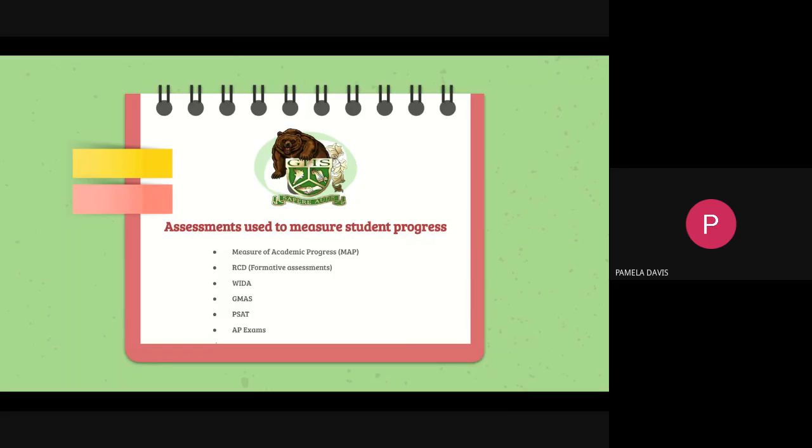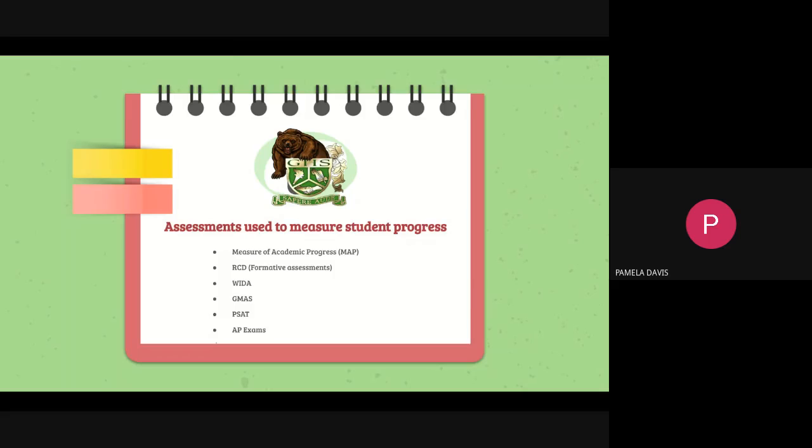Now, at the end of the course, they have to take the assessment, and that has changed quite a bit. A lot has changed for AP. They will still be able to take their AP course because it is given online. When the students enter an AP course, they have to register online with their teachers to say, yes, I will take the AP exam in the end, or no, I will not.